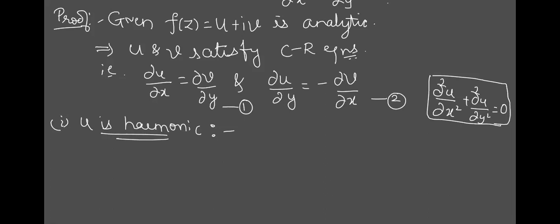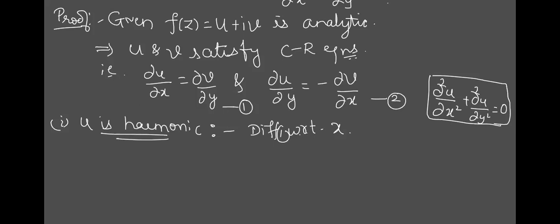The first equation, dou u by dou x. I want dou square u by dou x square. What has to be done for equation 1? Differentiation with respect to x. Very good. Differentiate 1 with respect to x.